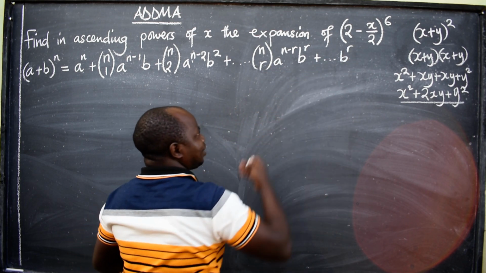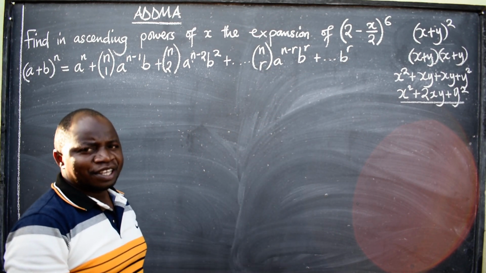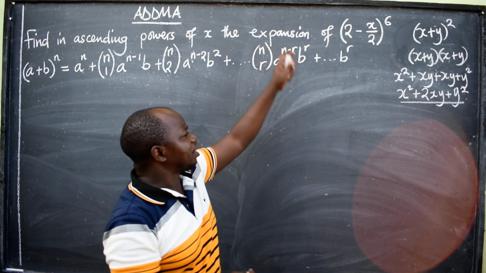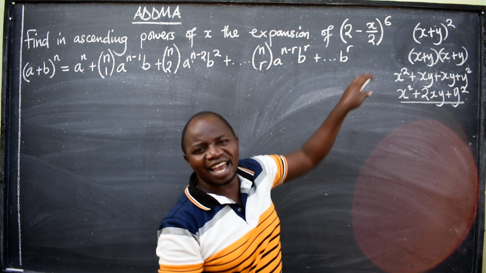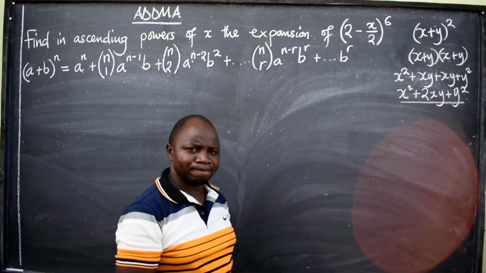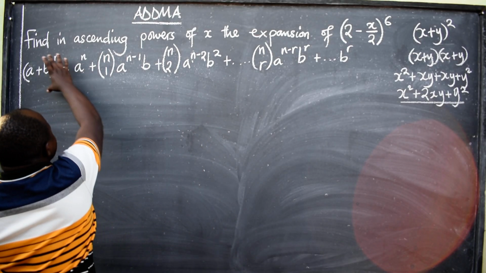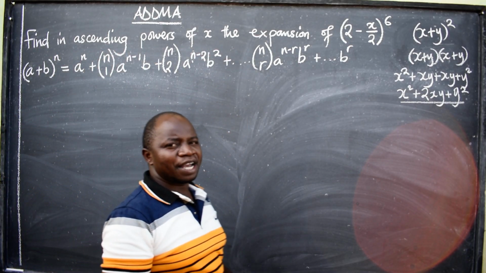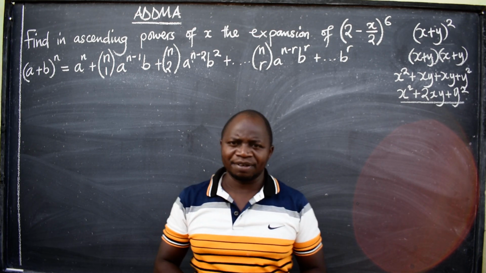I'll be able to explain this part, whereby you can use this formula to get the specific term in any binomial expansion. So this is the binomial theorem or formula.